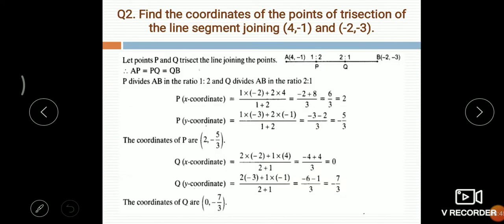A similar kind of numerical we have. Second, find the coordinates of the points of trisection of the line segment joining points (4, -1) and (-2, -3). Now, here this word trisection means to divide a line into 3 equal parts, right?